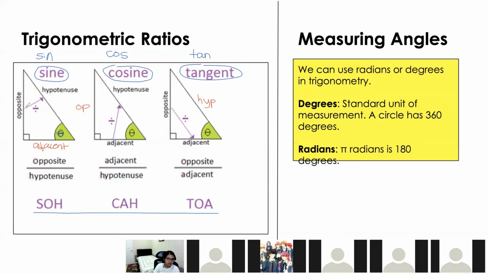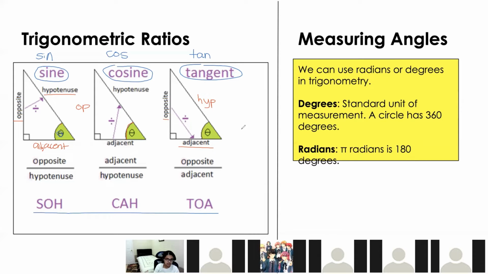So if we have a right triangle, then the sine of this angle, this green angle, is going to be this side length over the hypotenuse, the opposite over hypotenuse. And then if we need to find the cosine of this angle, it's going to be adjacent over hypotenuse. And if we need to find the tangent of this angle, it's just going to be opposite over adjacent. And these are just some formulas you should commit to memory.